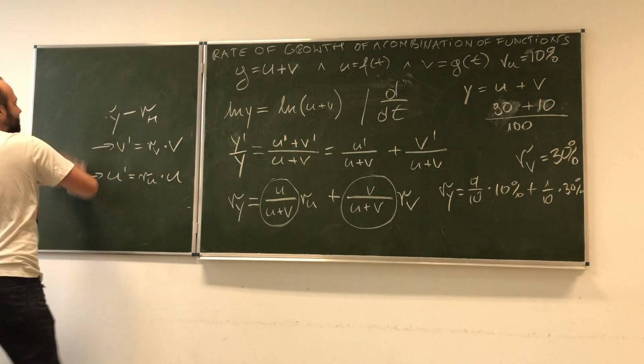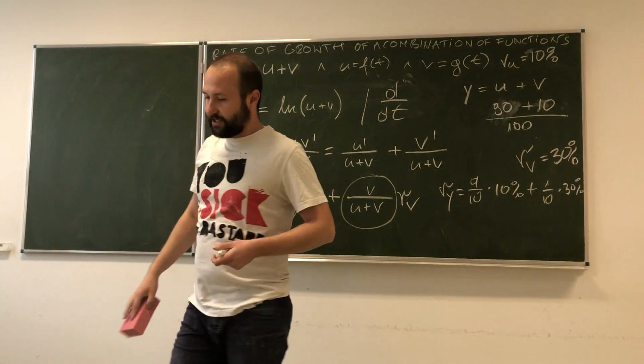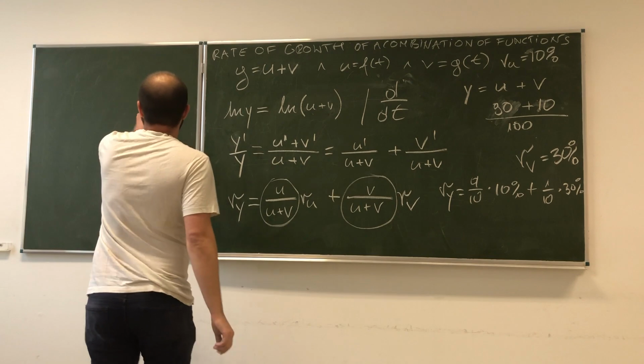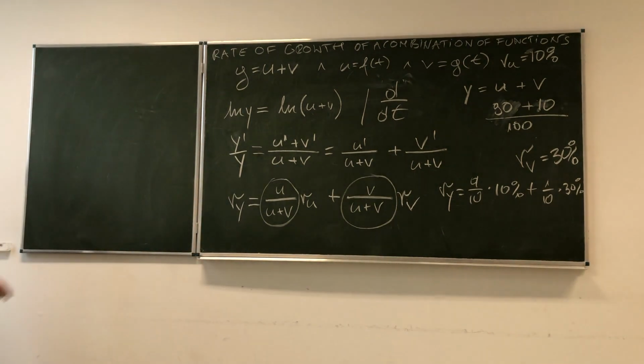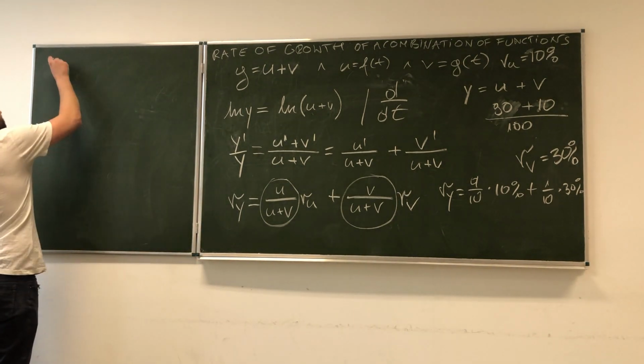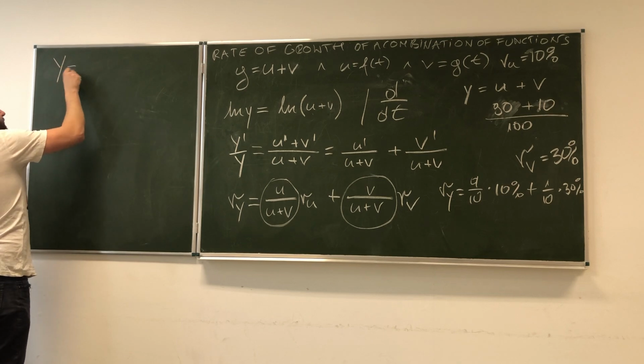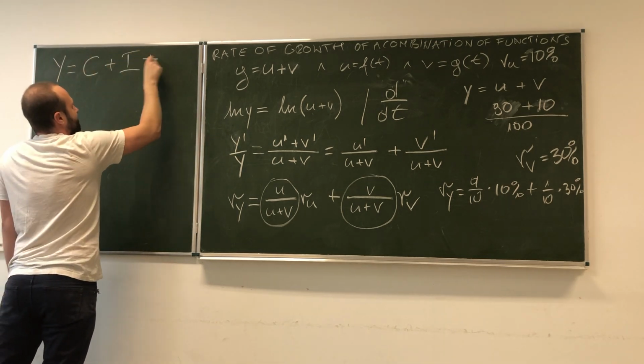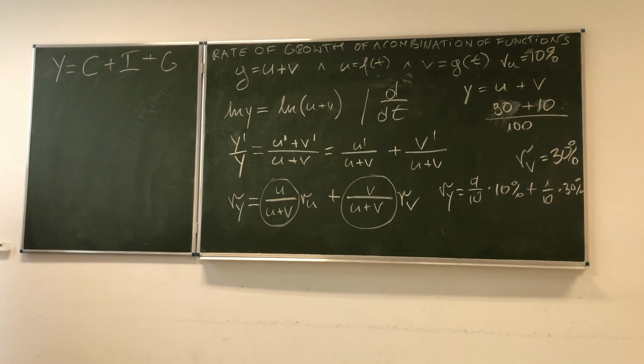Okay, now let's use again a very simple example to explain how it works. Imagine that we've got a closed economy. And in this closed economy, GDP is equal to consumption, investment, and government spending.